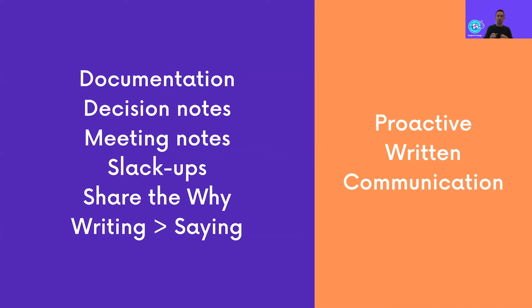Sharing that decision, just capturing, writing that down. And we use Slack as our instant messaging tool at work. Just writing that down, making sure that everyone in the team sees it. Meeting notes, making sure that every time you have a meeting, someone takes notes and shares those notes out. We don't need everyone to be in every meeting, but people do want visibility and to understand and have the context they need.